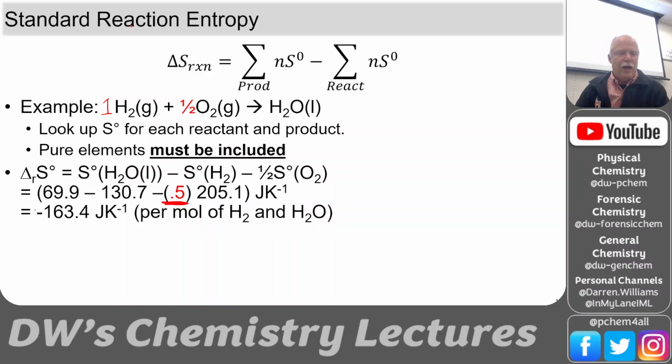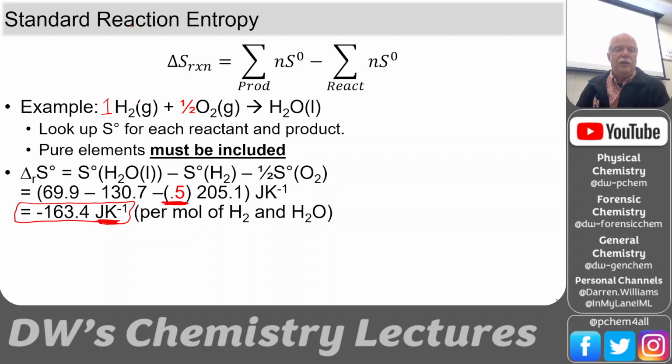Notice we will write this out for the reaction as written. But notice there are no per moles in the units, because those canceled when we did the calculation. It was 1/2 mole of oxygen, and the entropy unit was joules per Kelvin per mole. And so all the moles are gone.